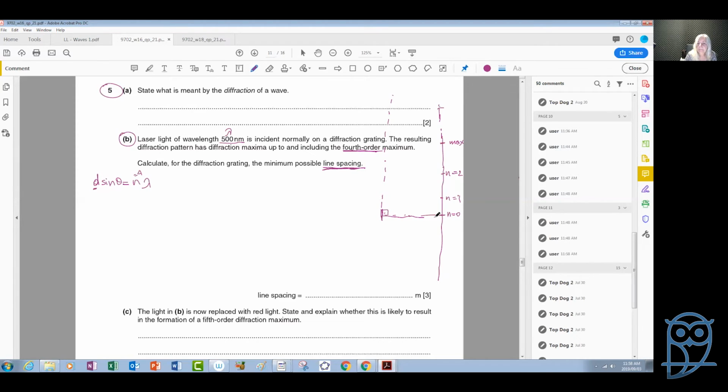So the maximum thing that we can see gives us some information about this angle theta.